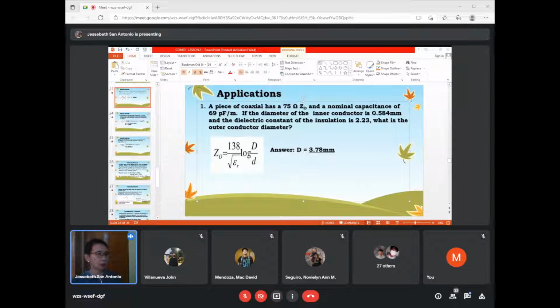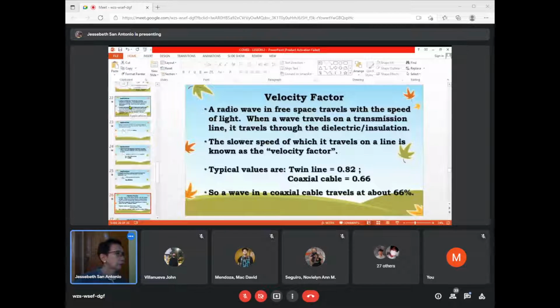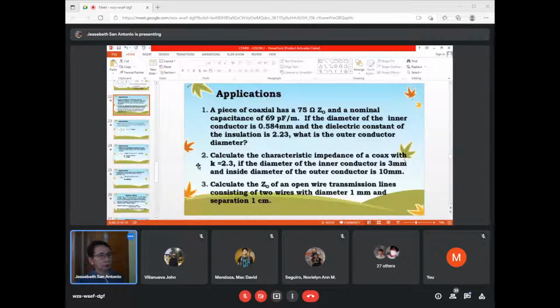What is being asked? Let's go back to the problem. What we are looking for is the characteristic impedance. Why millimeter? Calculate the characteristic impedance of a coaxial cable with a K of 2.3, if the diameter of the inner conductor is 3 mm and the inside diameter of the outer conductor is 10 mm.